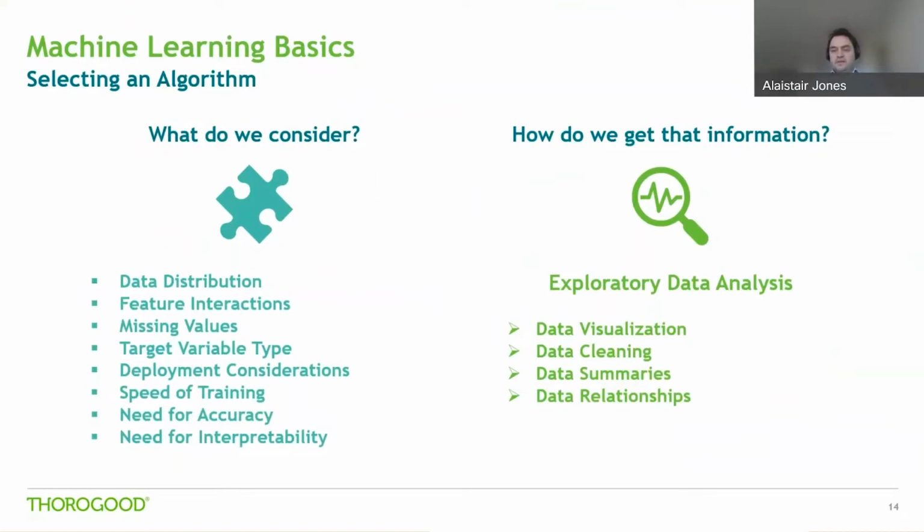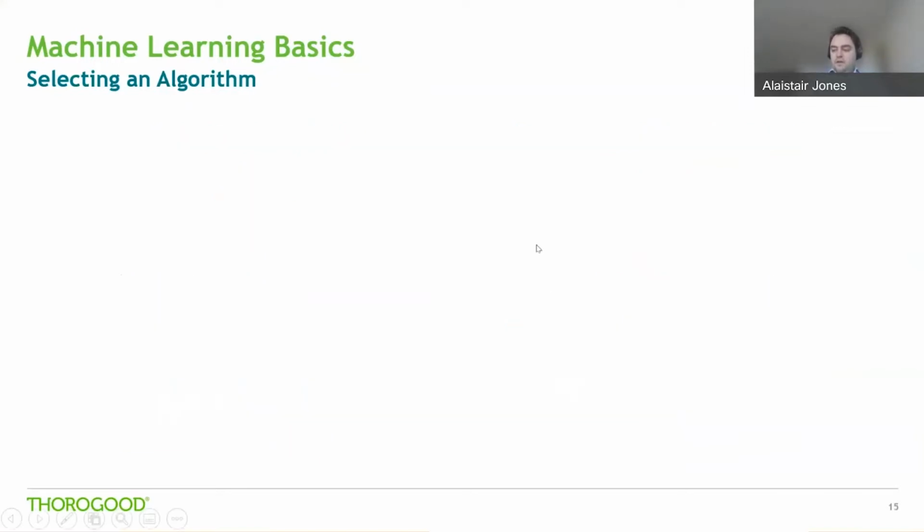Exploratory data analysis can be handled through a data visualization tool such as Power BI, so a BI tool, or Tableau, or you could do data summaries, and we'll touch on that during today's demo. That's usually available out of the box in your ML tool, and is available, in fact, in Databricks. We then pick an algorithm.